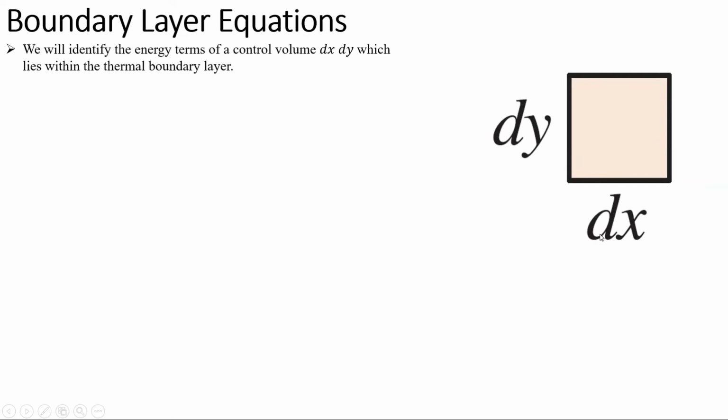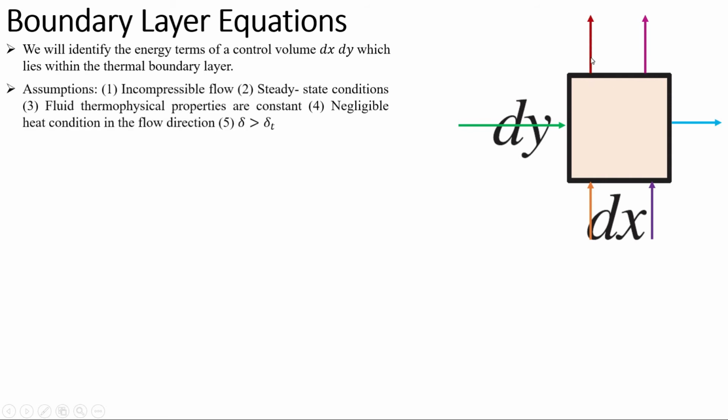We have taken this differential control volume, and this is the energy in due to advection, meaning due to flow of fluid, and these two are the energy in due to conduction as well as due to advection. This one is the energy out due to advection, and this one is the energy out due to conduction.